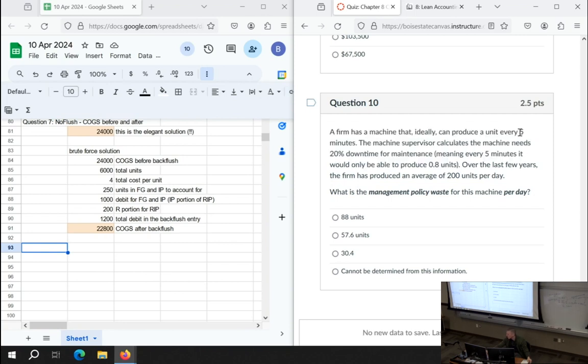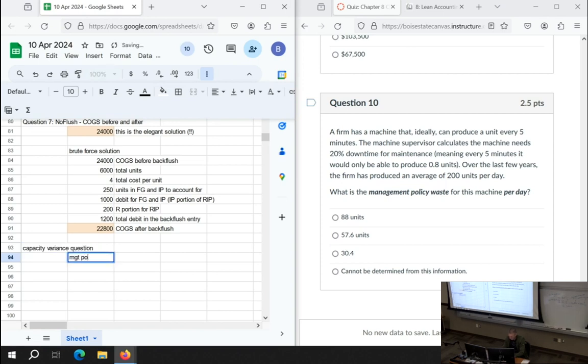So ideally, we can produce a unit every 5 minutes. Management policy waste is the name of our variance, which is practical capacity minus normal capacity.